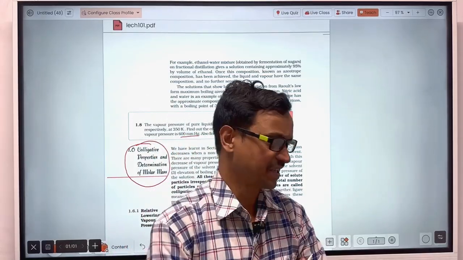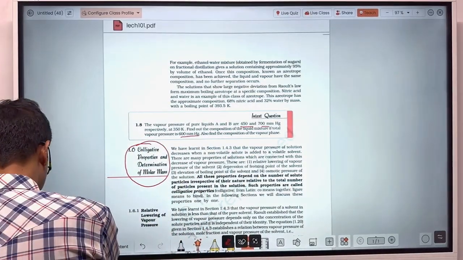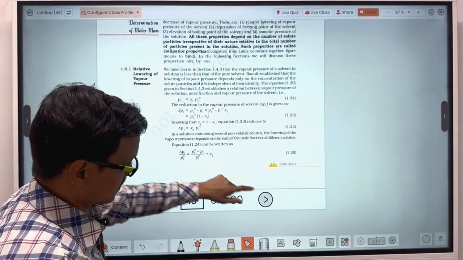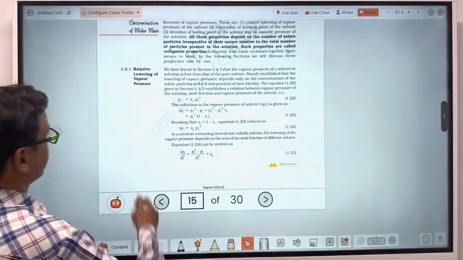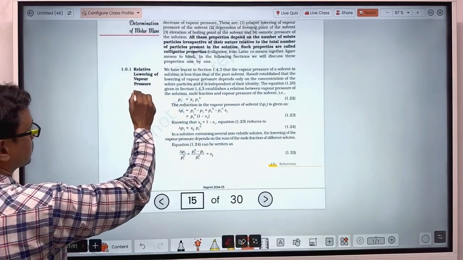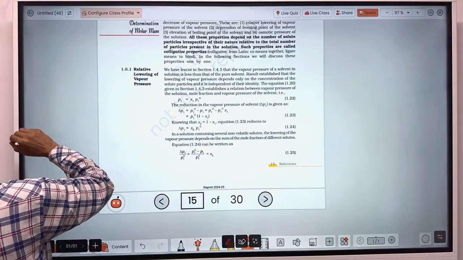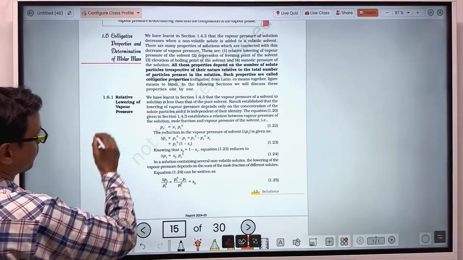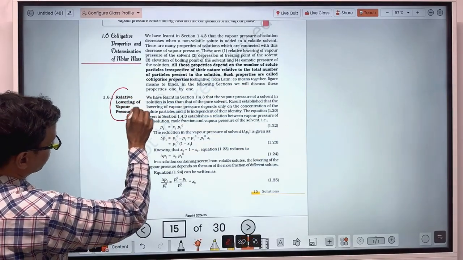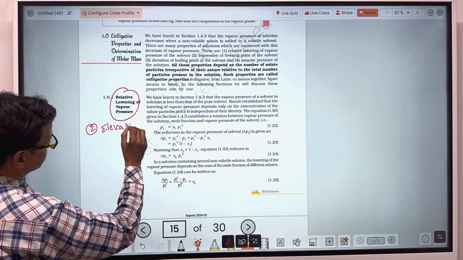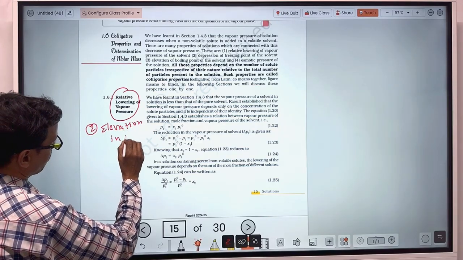These colligative properties are of four types. Number one, relative lowering of vapor pressure. Number two will be elevation in boiling point.